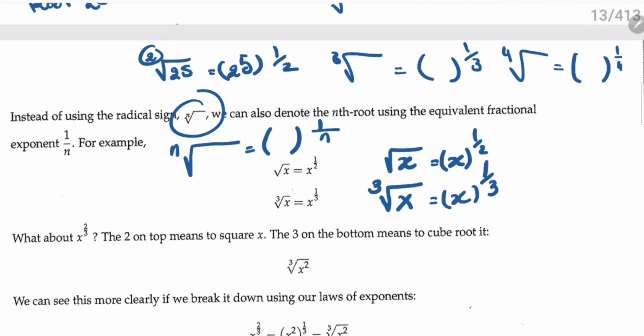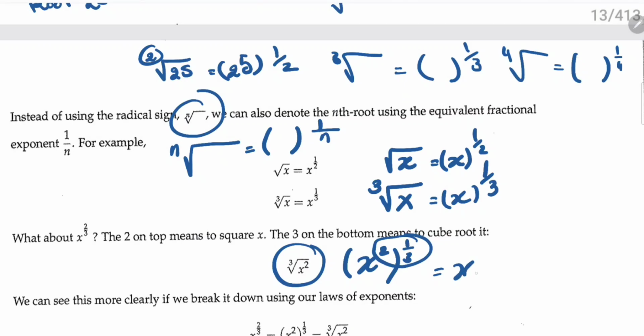Okay? What about this one? It's x to the power 2, all to the power, so the cubic root, I can write it as 1 over 3. So, all to the power 1 over 3. And we know x to the power 2, all to the power 1 over 3, I can multiply the powers.